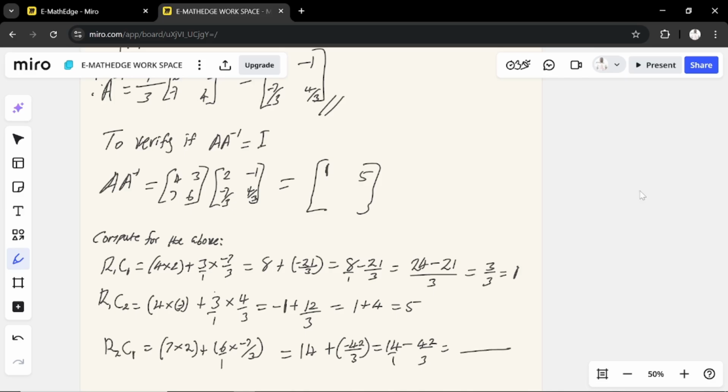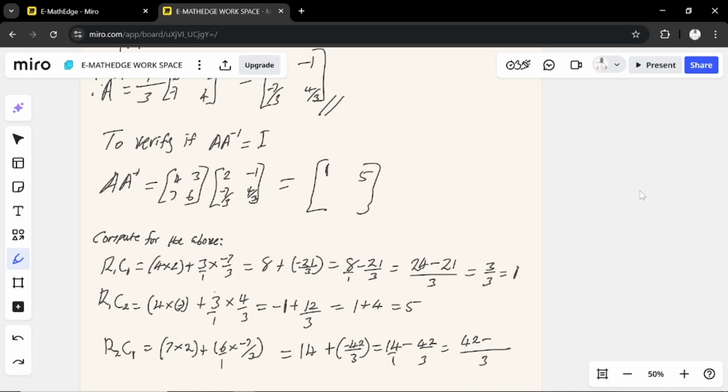We have to obtain the LCM, which is 3, such that 3 divided by 1 is going to give us 3. Use that 3 to multiply the numerator, which is 14. 14 multiplied by 3 is going to give us 42. Minus 3 divided by 3 is going to give us 1.